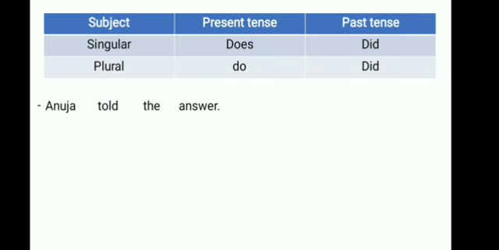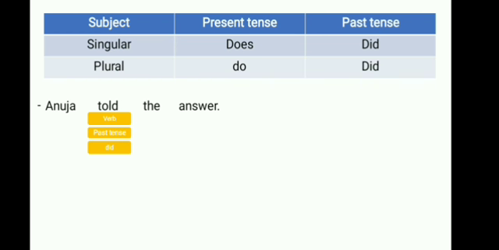Let's proceed to the third sentence. Anuja told the answer. Here, told is the verb. If you pay attention to the statement, you will find told is the verb used in past tense. So if you look at the table there, you will find for past tense, whether the subject is singular or plural, it will be did for both cases, right?